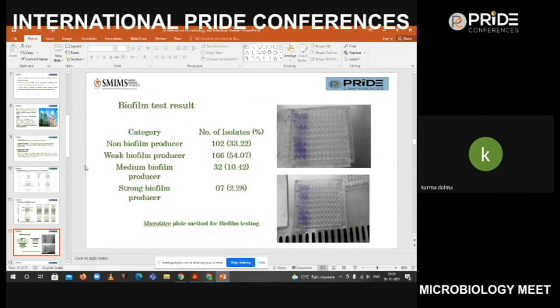The optical density at 620 nanometers was determined using a microtiter plate reader, and each assay was performed in triplicate, and the average optical density was considered. The highest proportion were weak biofilm producers, around 54%. Non-biofilm producers were only 33%. Strong biofilm producers were only 2%.